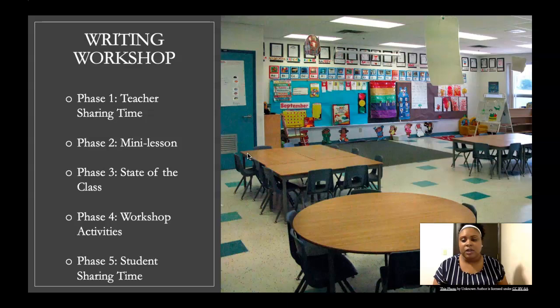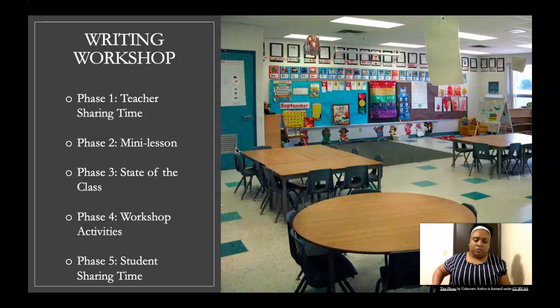Okay. Then you're going to move on to your phase 3, your state of the class. That should also be around 5 to 10 minutes. Now, with this, you, the teacher, will put your students' names in a list, okay? And by each student's name, they are going to fill in the blanks each day. What they're going to do is state what they will be doing during their writing process.